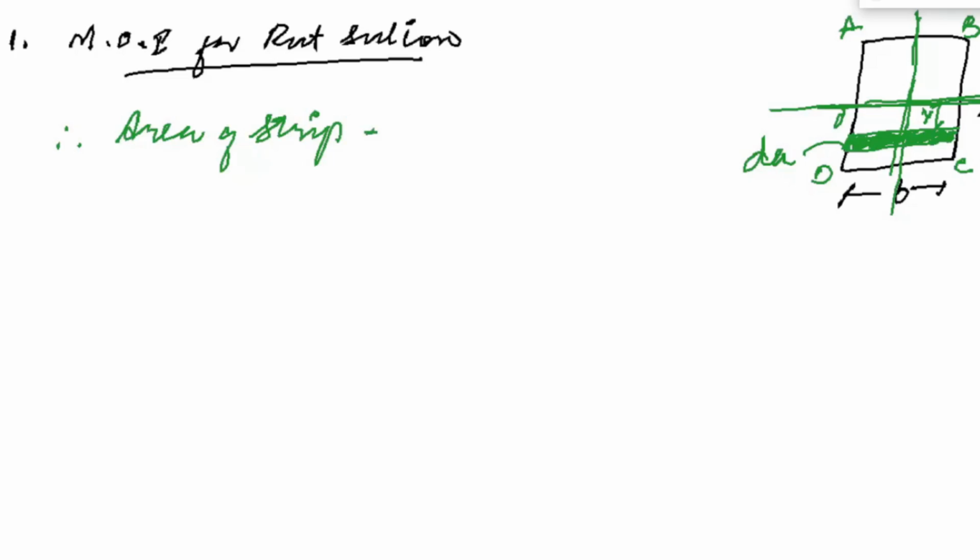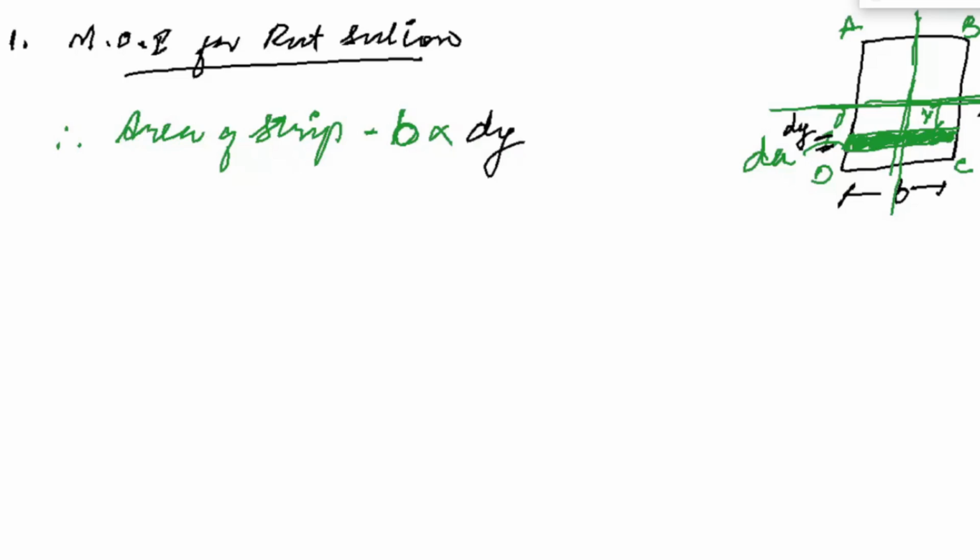It has a width of B, and its thickness, if it is at a distance of y, is dy. That will be B into dy, right?